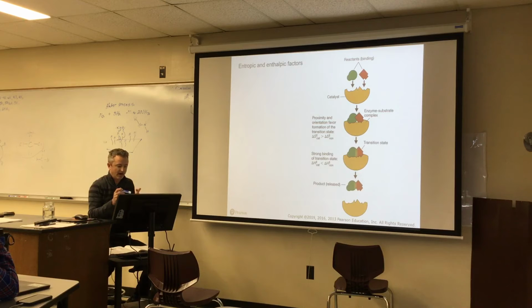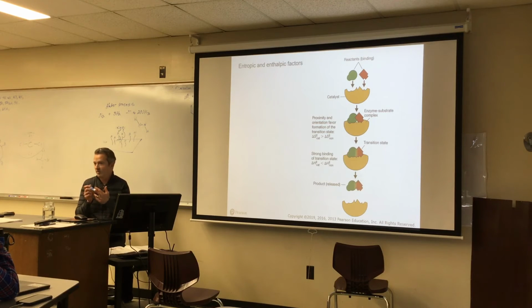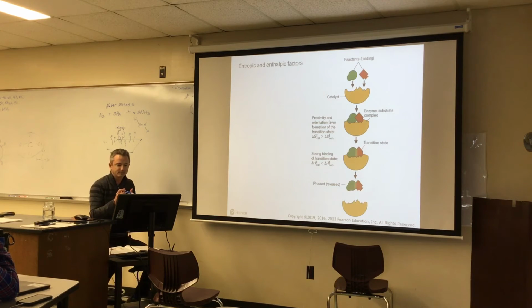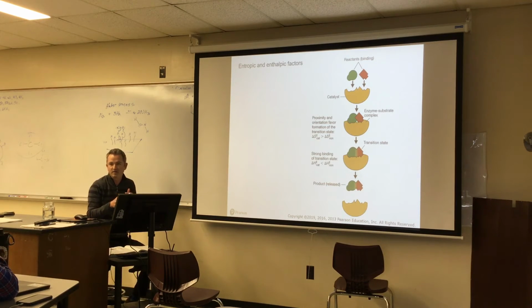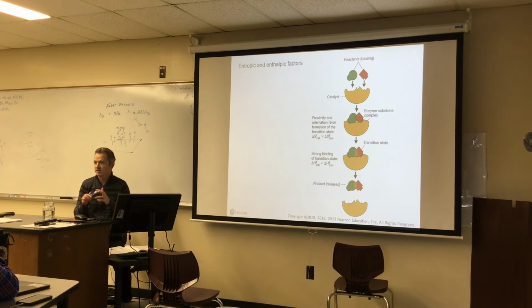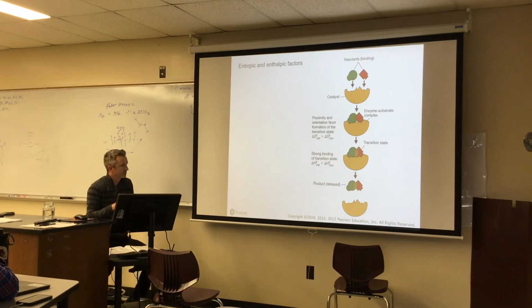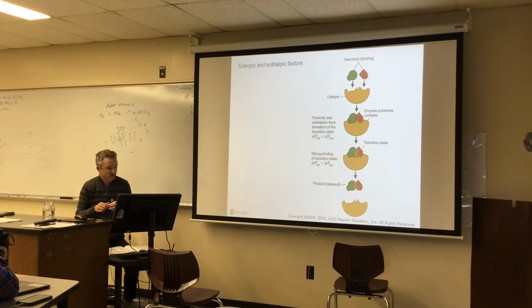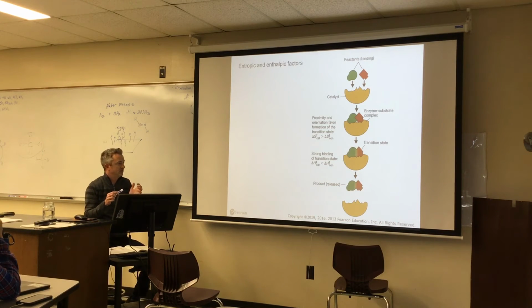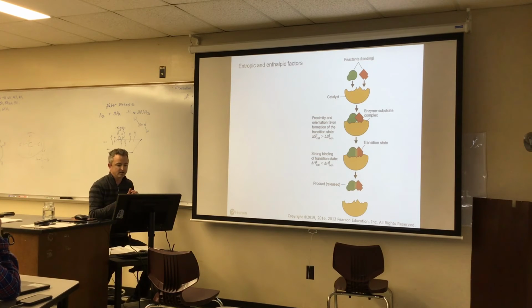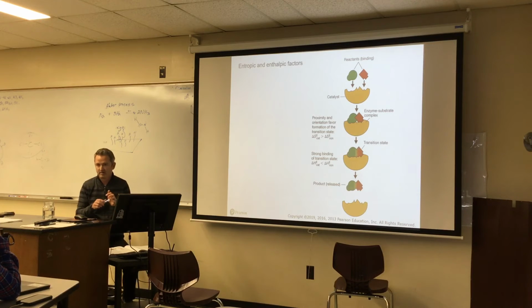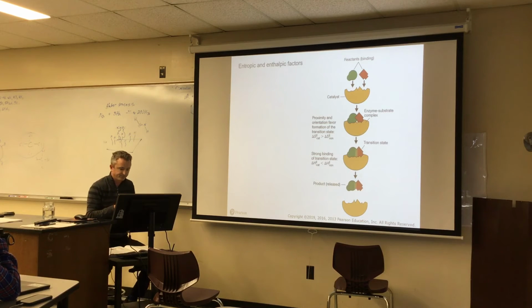Because if you don't have the proximity and the proper orientation, then the overall entropy is not going to be favorable for this to happen, okay? So you're talking about forcing the delta S of the transition state to literally be less negative in that process.